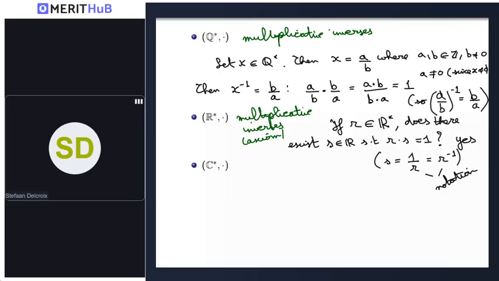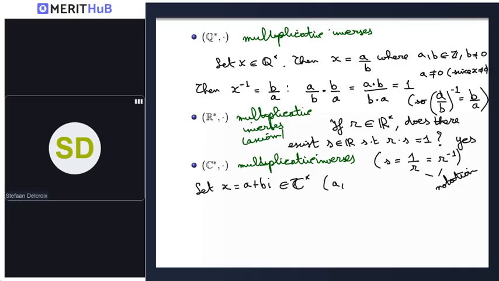Complex numbers, oh, we had to prove it. So complex numbers, again, we do have multiplicative inverses, but we have to prove it. So let x equal a plus bi be a non-zero complex number.